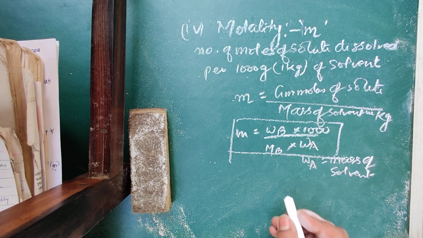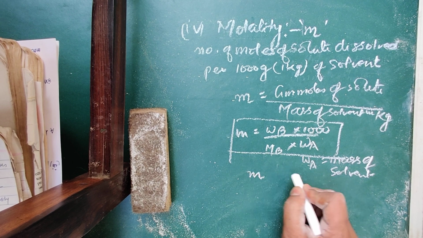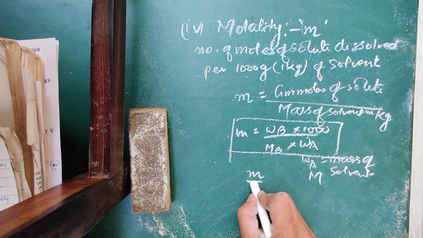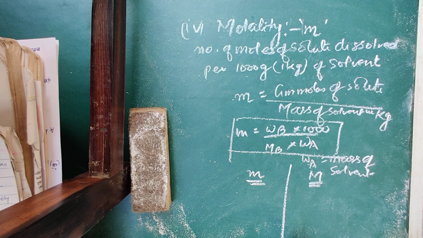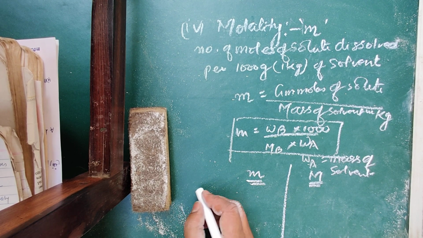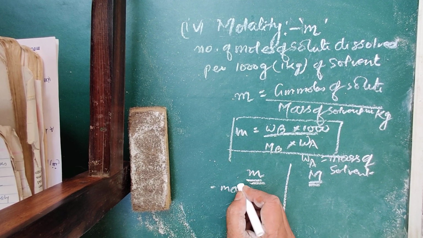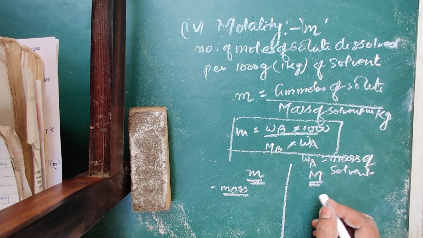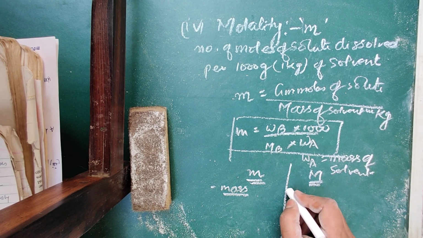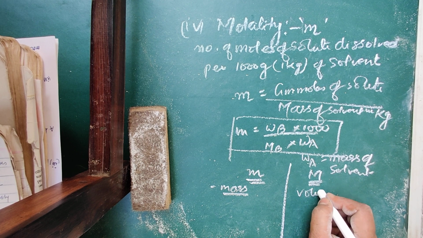Now you have seen both small m and capital M, that is molality and molarity. What is the difference between molality and molarity? Here you are using mass of the solvent, here the solvent is in volume.